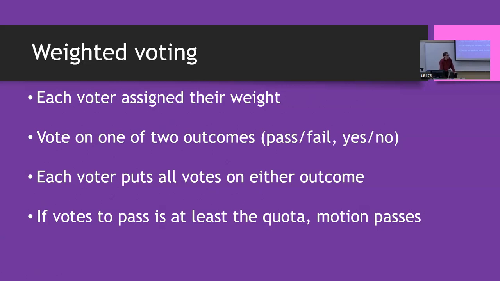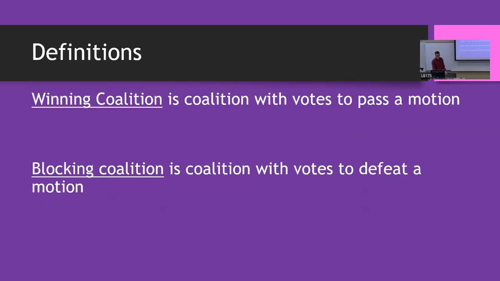And if the pass votes hit the quota or exceed the quota, then the motion passes. If the pass votes do not hit the quota or exceed the quota, then the motion fails. All right. Is that pretty easy concept? Hopefully.